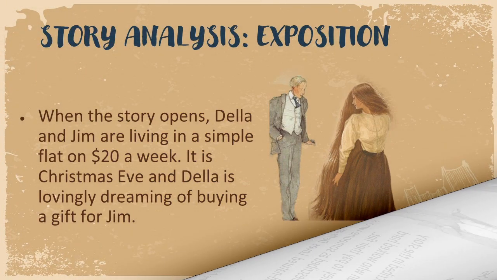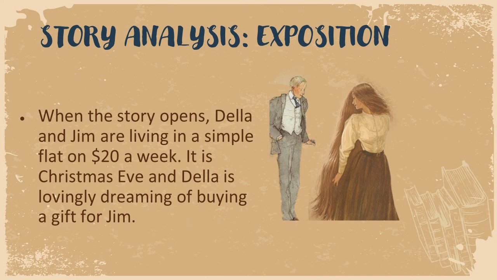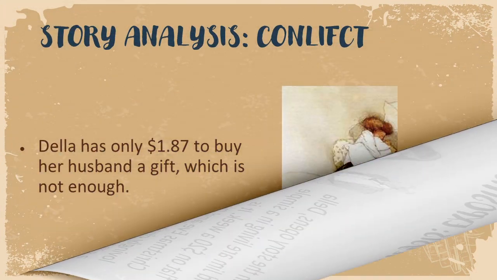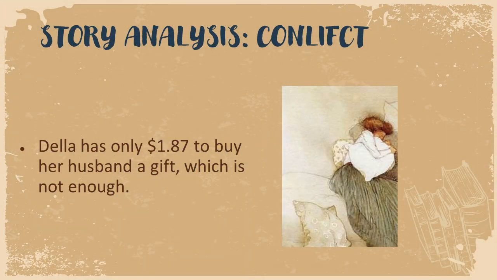Now let's start with the exposition of the story. When the story opens, Delia and Jim are living in a simple flat on $20 a week. It is Christmas Eve, and Delia is lovingly dreaming of buying a gift for Jim. But here's the conflict. Delia has only $1.87 to buy her husband a gift, which is not enough.